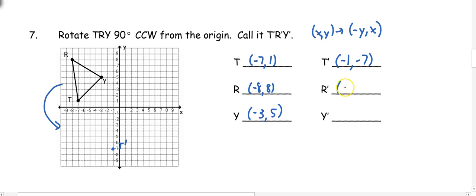R prime is now at negative 8, negative 8. For Y prime, I'm going to switch and take the opposite, so this becomes negative 5, and the x stays as negative 3. So negative 5, negative 3. And I've now formed my triangle.